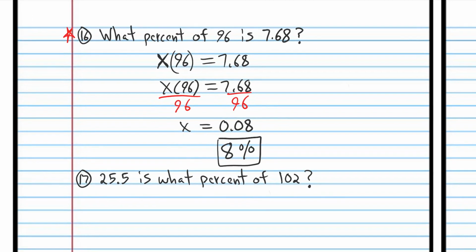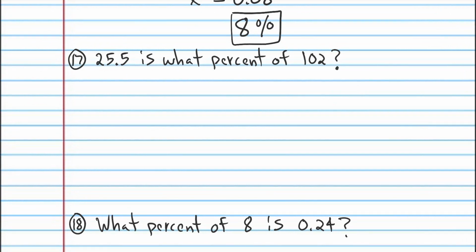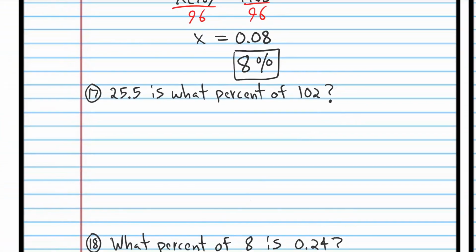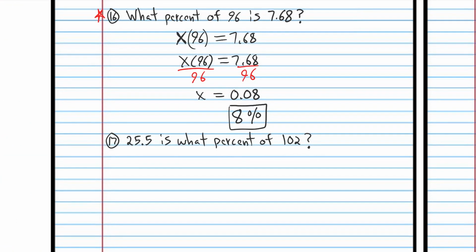All right, so 25.5 is what percent of 102? Now, you may have noticed that the wording changes. You can't get used to one particular type of syntax. Syntax is the ordering of the words, because there's different orderings. This problem said what percent of 96 is 7.68, but this problem is wording it differently.